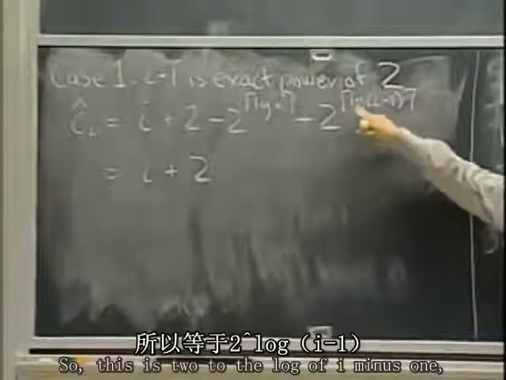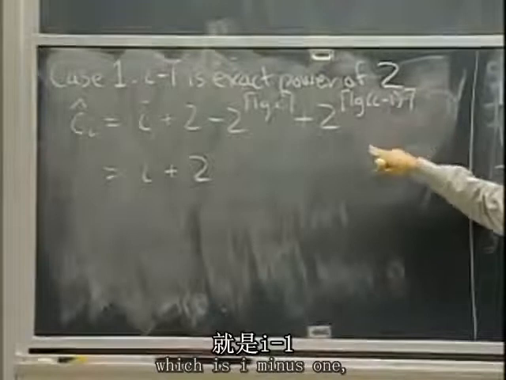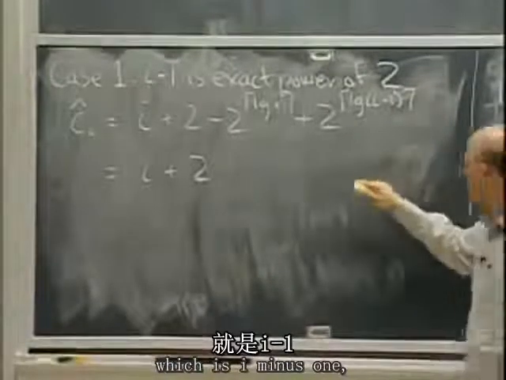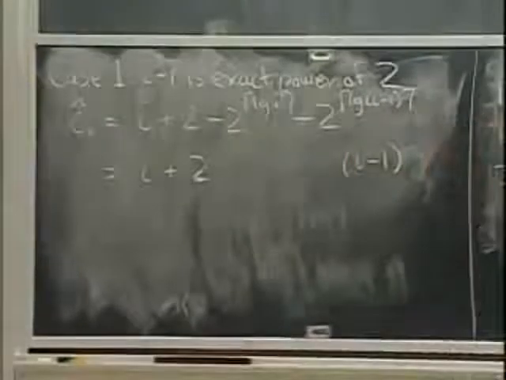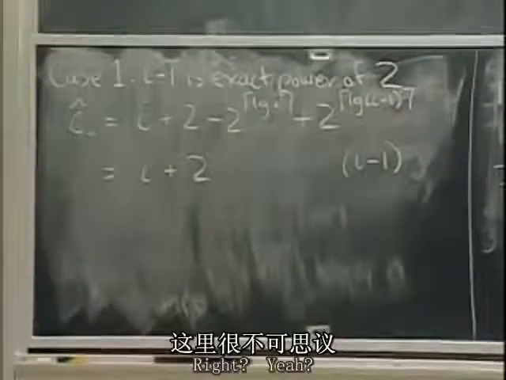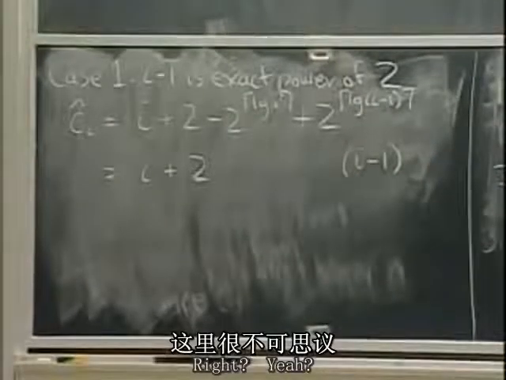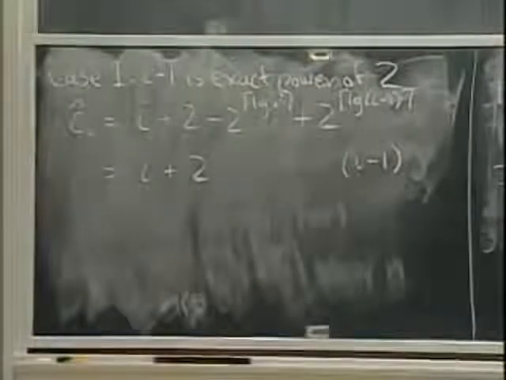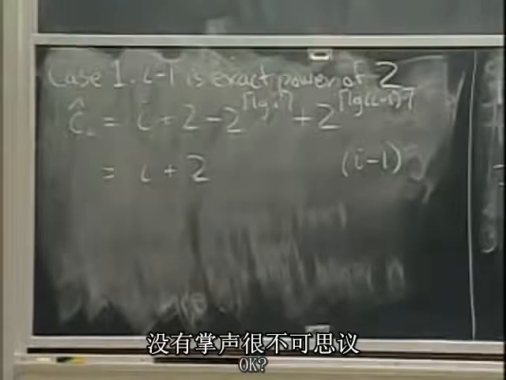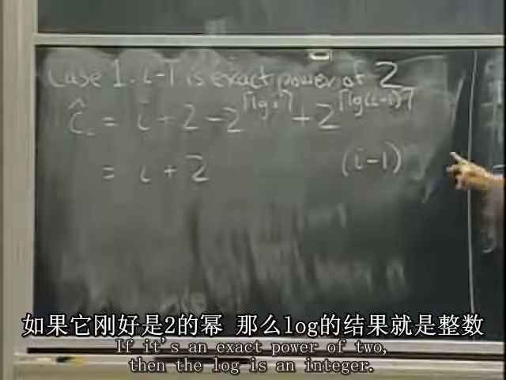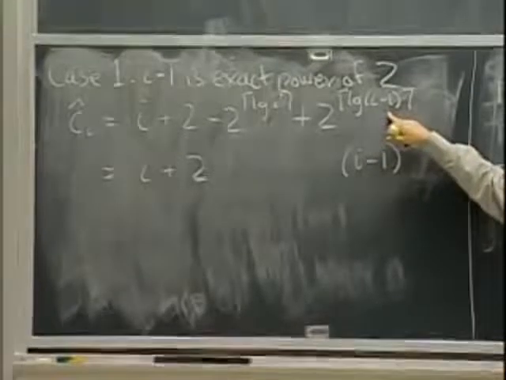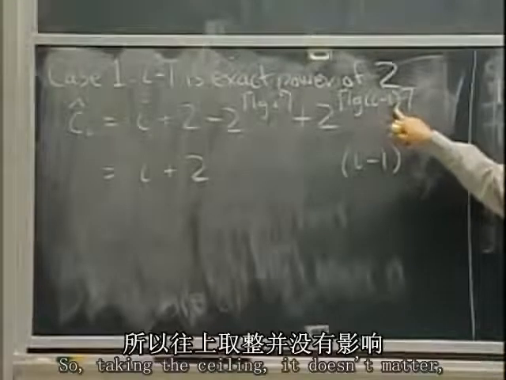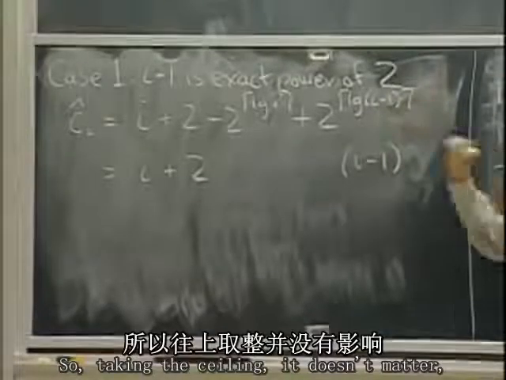So this is 2 to the log of I minus 1, which is I minus 1. Okay, if it's an exact power of 2, then the log is an integer. So taking the ceiling doesn't matter. Get rid of the ceiling.